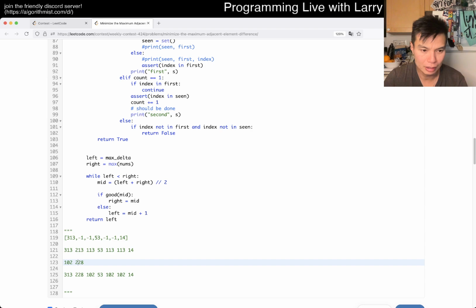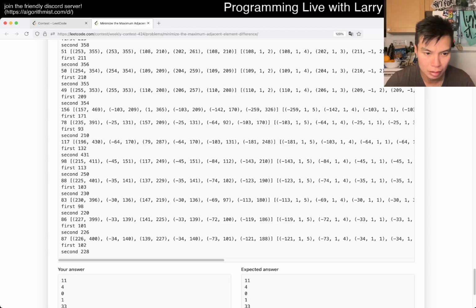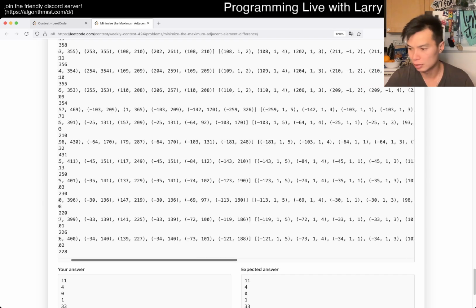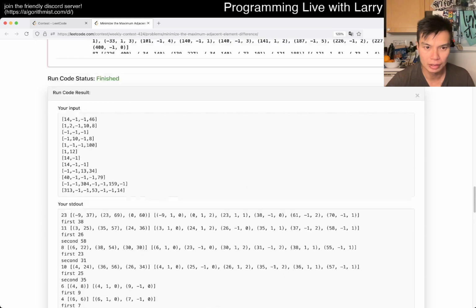Yeah, I don't know how this gets 116. Okay, let's take a look. Okay, so if we draw the intervals, actually let's also just print.